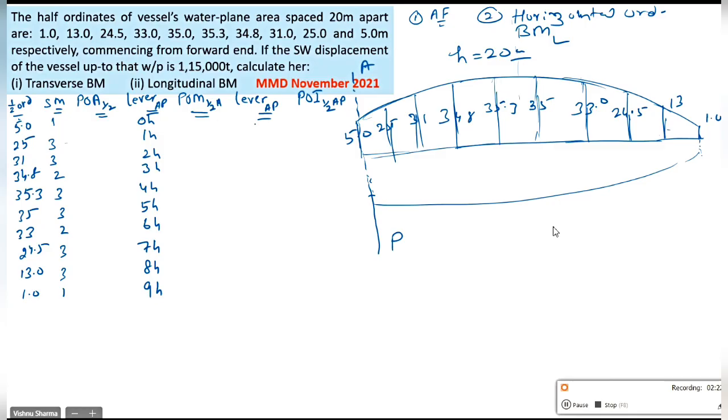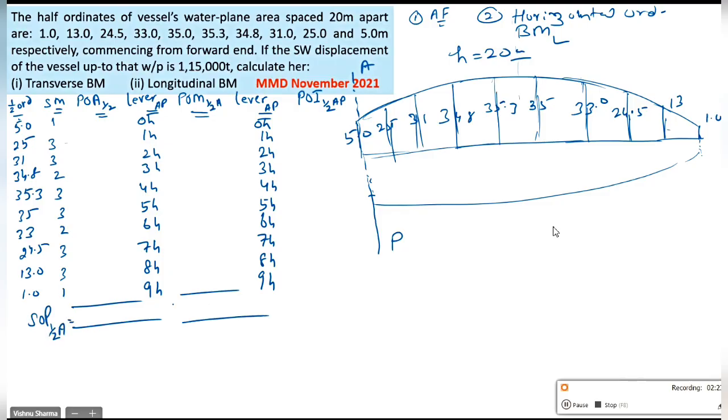I repeat these levers in the next column here: 0H, 1H, 2H, 3H, 4H, 5H, 6H, 7H, 8H, 9H. We complete the table. We get the sum of products for half area, the sum of products for half moment, and the sum of products for half inertia.